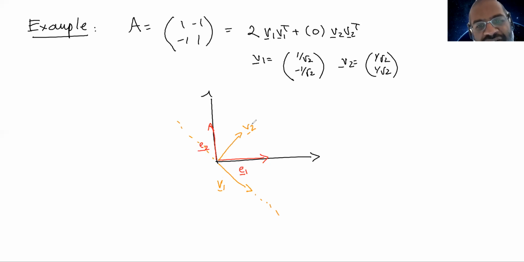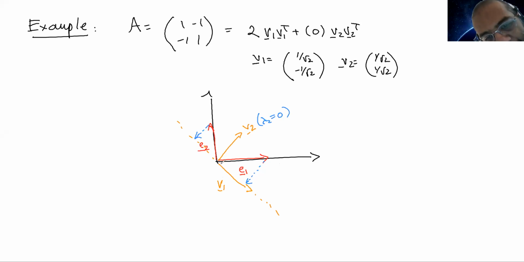According to this interpretation of the spectral theorem, we should be computing the projections of these vectors onto both eigenspaces and stretching them by the eigenvalue. This one corresponds to lambda 2 equals 0, so whatever gets projected there will not be stretched at all.